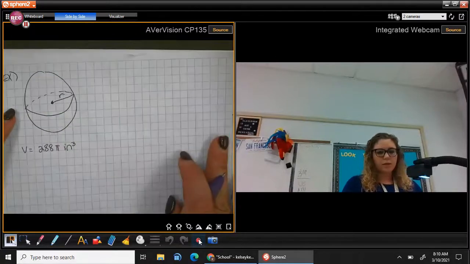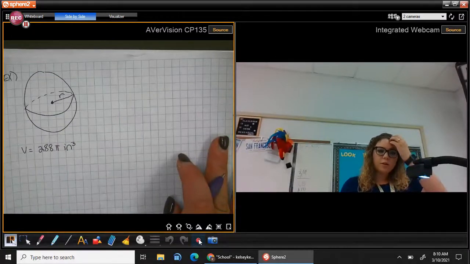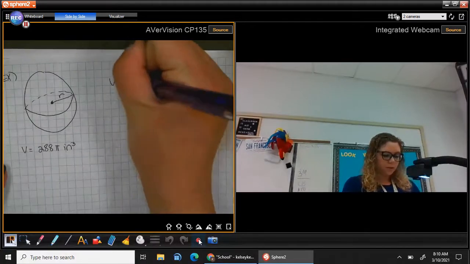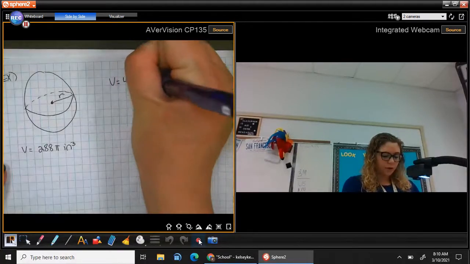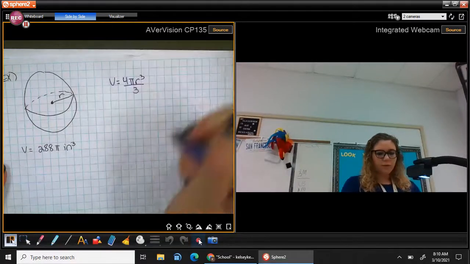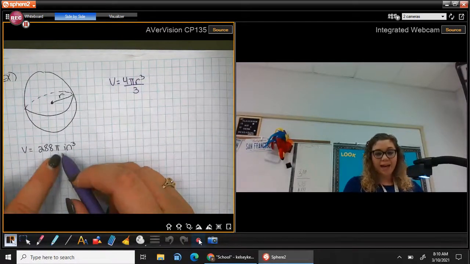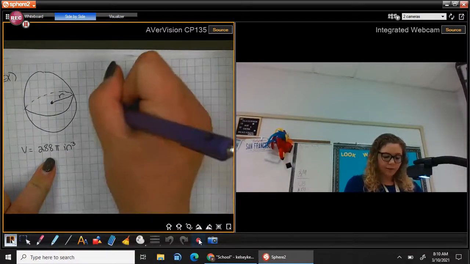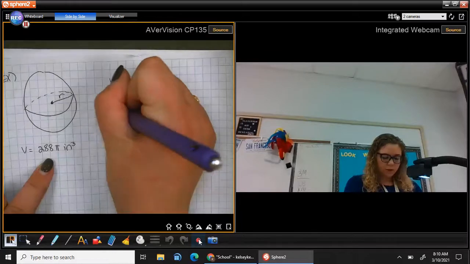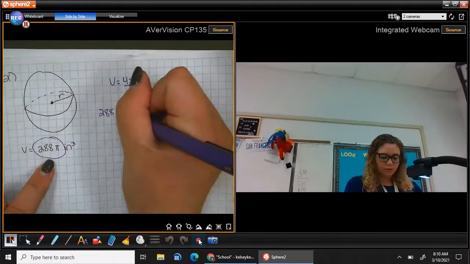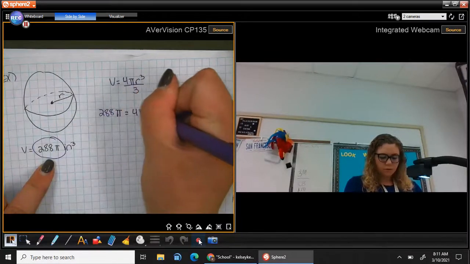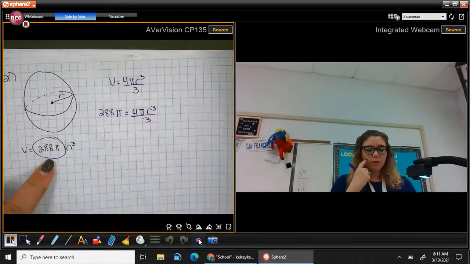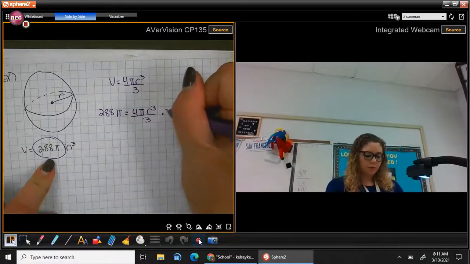So again, I'm going to start, okay, with the formula. So V equals 4 pi r cubed divided by 3. Plug in 288 pi in for V. So if it includes pi, I have to plug in pi for V. Okay, so I'm plugging this whole thing. Okay, step 1, multiply both sides by 3.